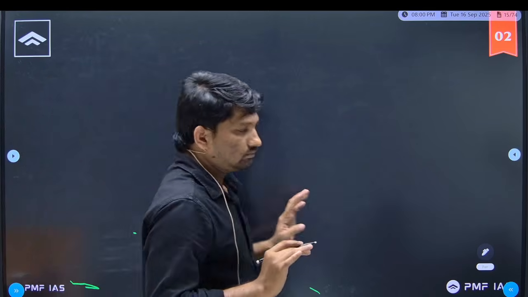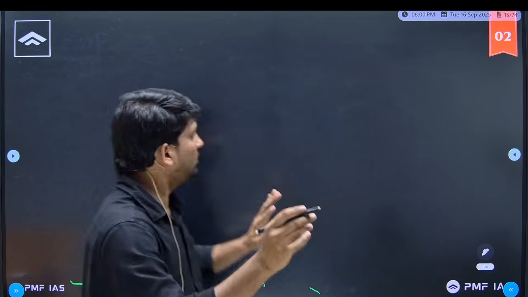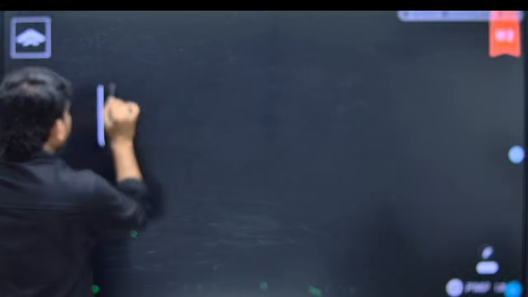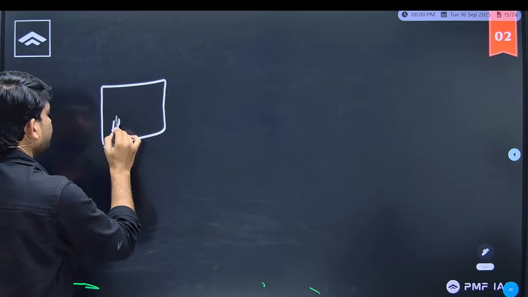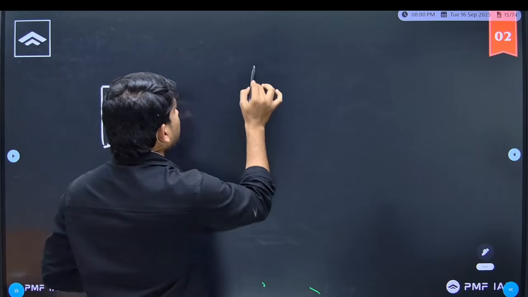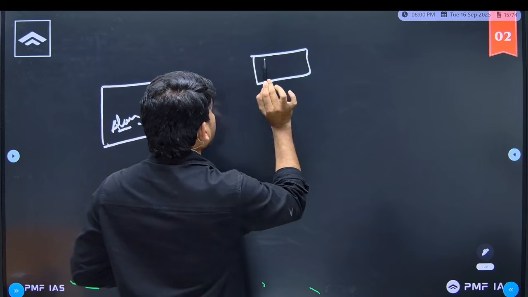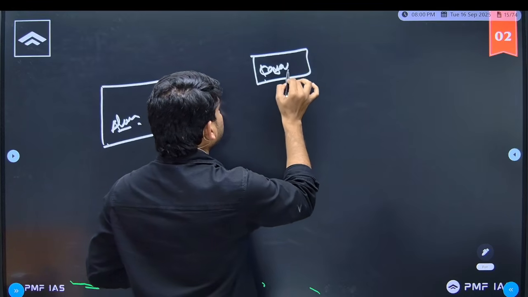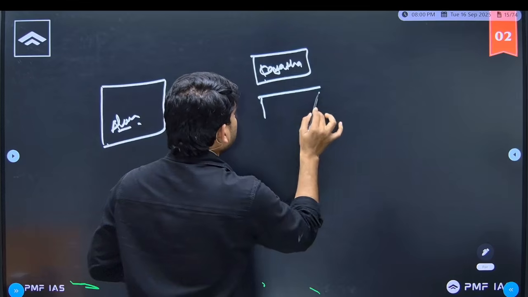See, we have discussed the Ahar culture. Suppose this is the Ahar culture. We have discussed that in Madhya Pradesh we have the Kaitha culture. Next we have the Malwa culture.